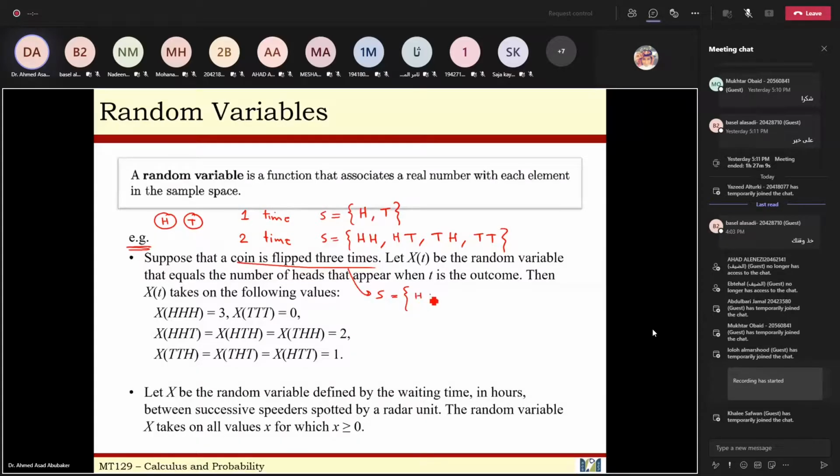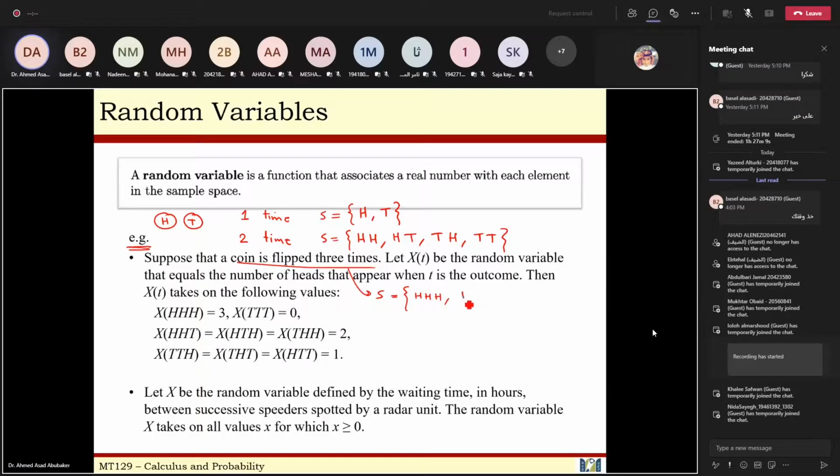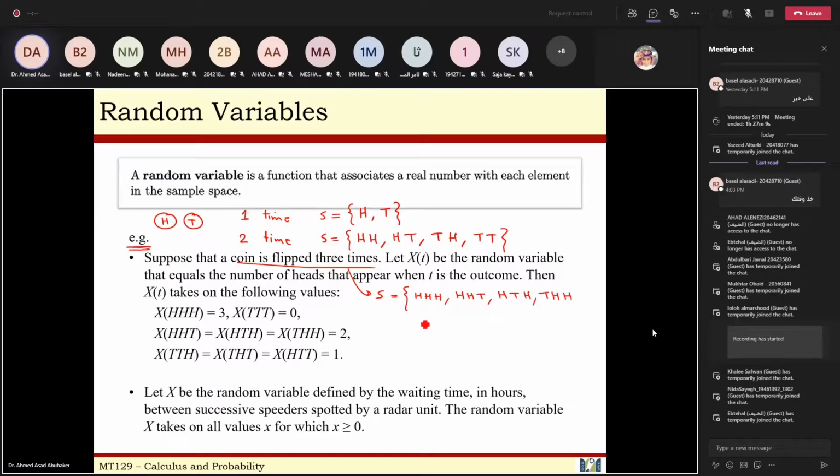The first one HHH, HHT, HTH, or THH, or HTT, THT, or TTH, or 1, 2, 3, 4, 5, 6, 7. The last one TTT. So we have 8 outcomes.